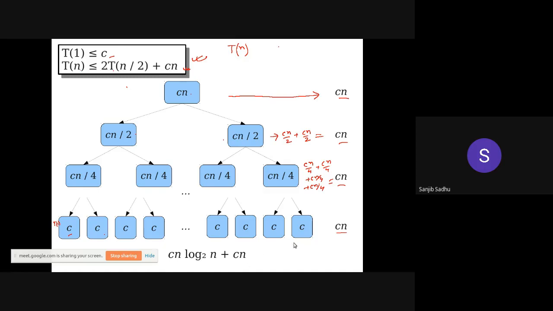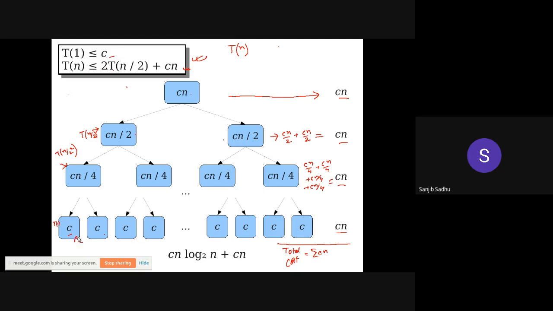Now, what will be the total cost? Total cost will be, you have to add all this. So that will be Cn, you add all this sum. Clear? Now, if you go on adding, what will be the value? Here I am getting T1. T1 is C. So the general term was, here it was Tn by 2, which was expanded. Here it was Tn by 2 square, 4 means 2 square.